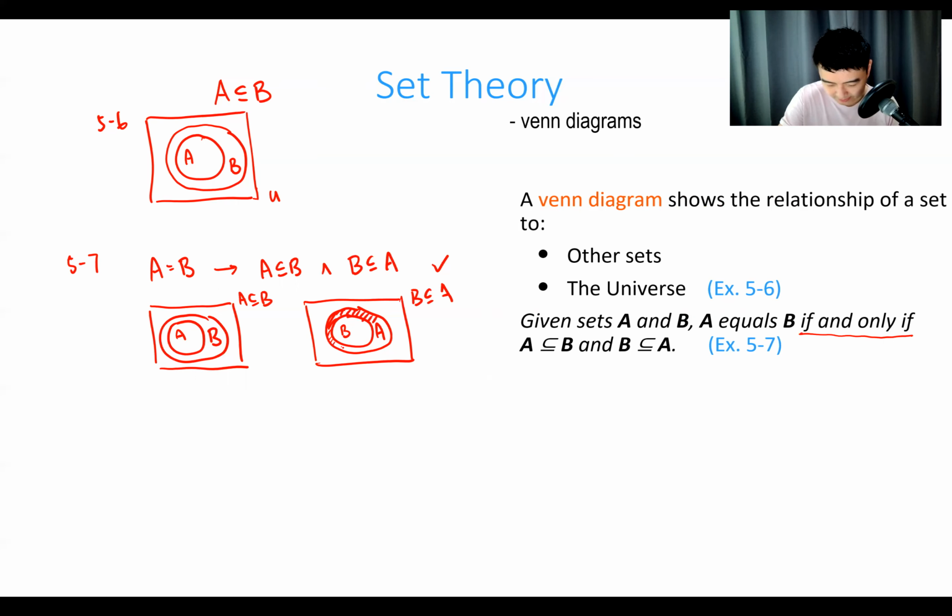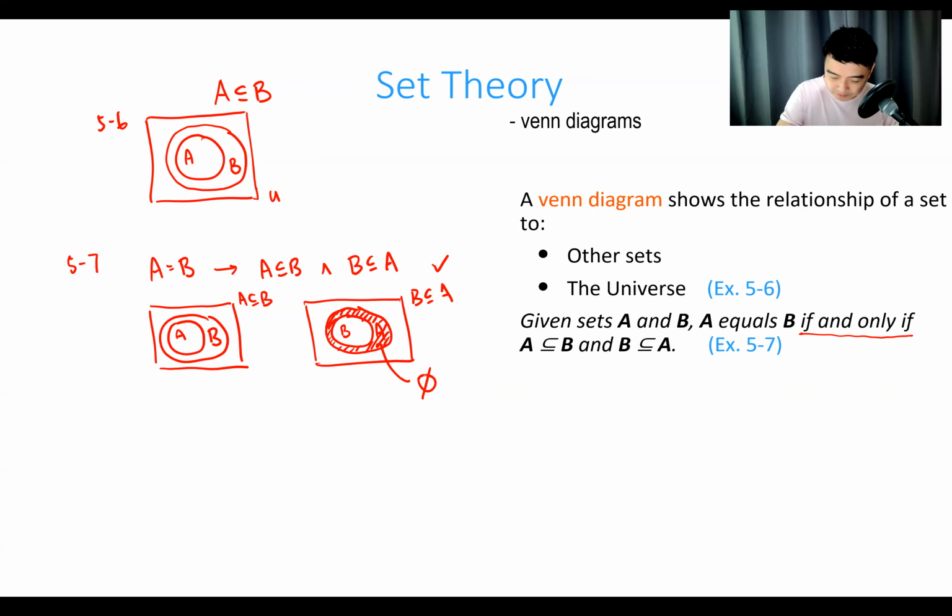If I just highlight this area, can we describe what this area is? Well, it must be all those elements that are in A, but not in B. My claim here, or at least what I want to show, is that this area must be empty.